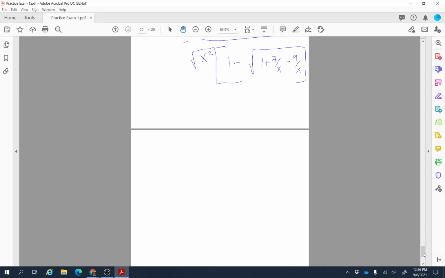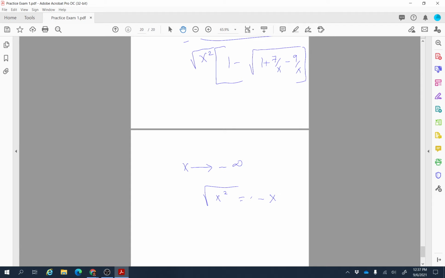When x approaches negative infinity, this square root of x squared is actually negative x. Because when x is negative, the square root of x squared might be positive x or negative x, two situations.